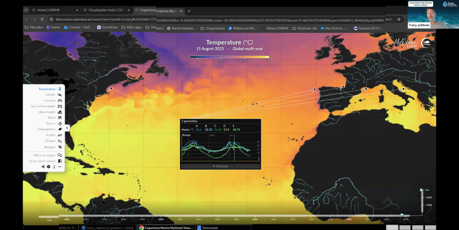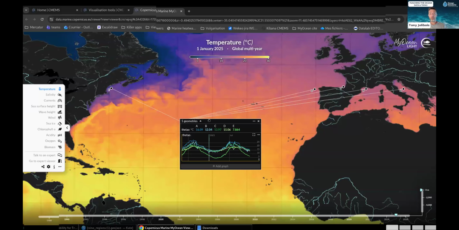And each time you navigate on time in the graph, you have the date here in the timeline. You can also navigate with the timeline. Everything will be updated accordingly.